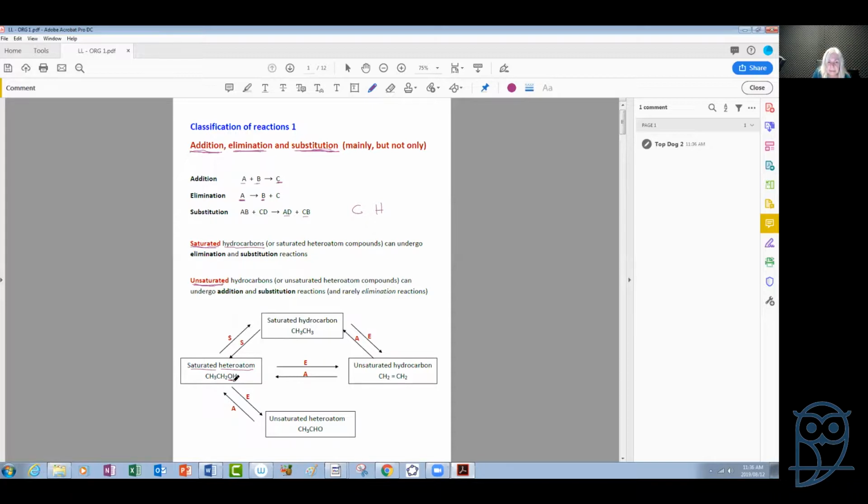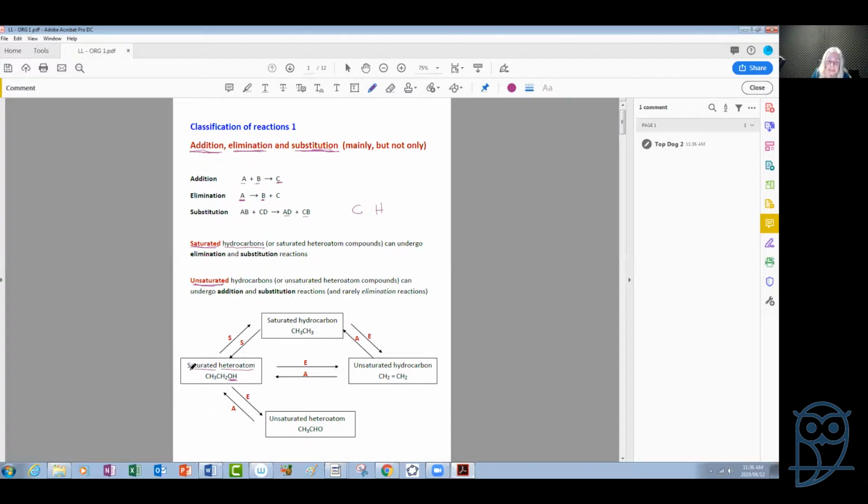Like in this example, one of the hydrogens has been replaced with this hydroxy group. So this is not anymore a hydrocarbon because it has oxygen as well. So we call it saturated heteroatom. But remember, it's like a hydrocarbon with one hydrogen replaced with something else, because these are important compounds as well.